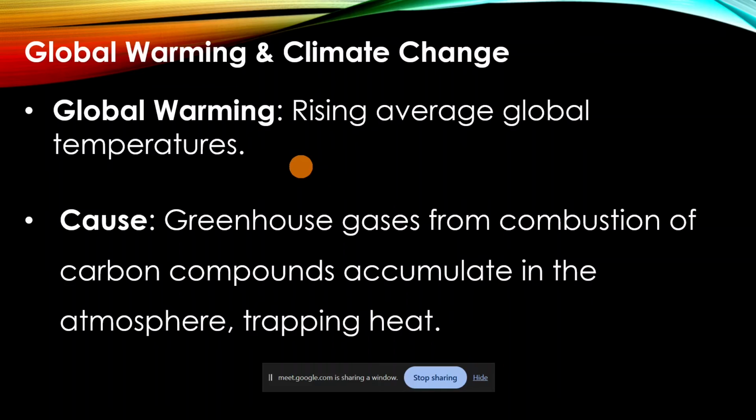Okay, now what is the cause of the global warming itself? The cause is greenhouse gases from combustion of carbon compounds, which accumulate in the atmosphere, trapping heat.